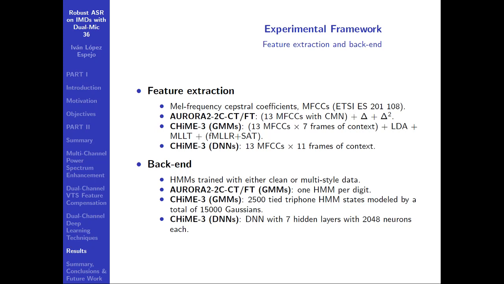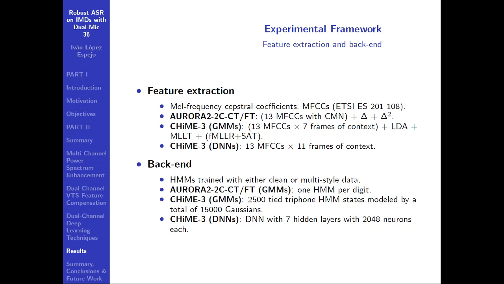When using Gaussian mixture models, speech features consist of 7 frames of 13 MFCCs each, and a linear discriminant analysis, maximum likelihood linear transform, feature space maximum likelihood linear regression, and speaker adaptive training. And in the case of using deep neural networks, speech features consist of 11 frames of 13 MFCCs each.